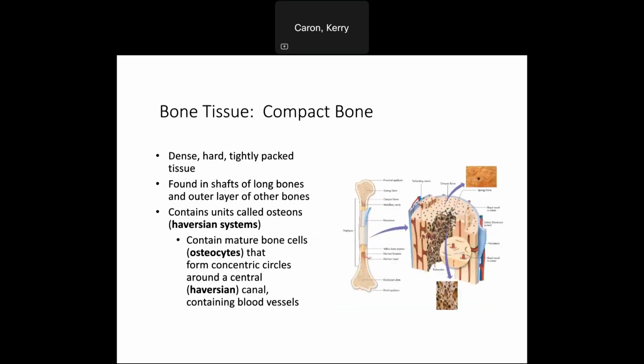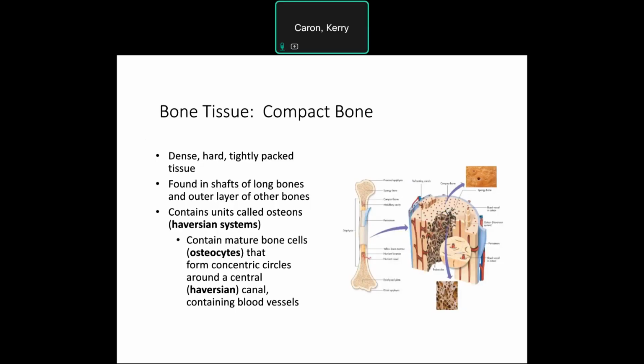So bone tissue, remember cells organized together for a common function or a tissue. Bones, the bone tissue itself is several different components. Compact bone is what we think of when we think of bone, is dense, hard, tightly packed. It's found in the shafts of our long bones and the outer layer of all bones.